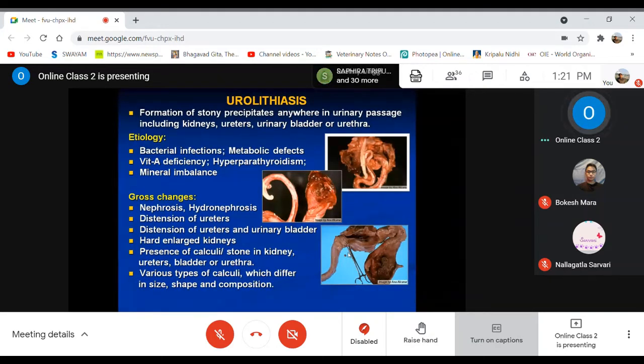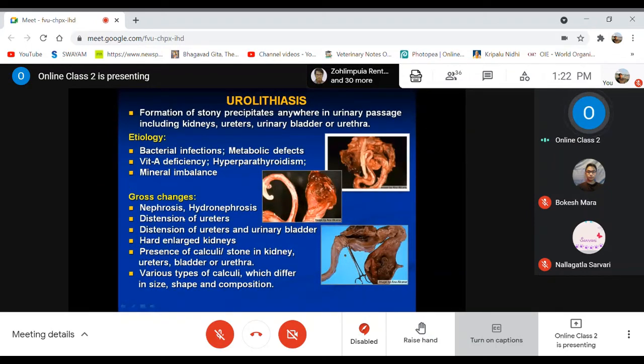Okay, and it may be due to bacterial infections, some metabolic defect, vitamin A deficiency, hyperparathyroidism, or mineral imbalances. And if you see the affected kidneys or the urinary system where these stony hard substances, renal calculi or uroliths, have formed, those kidneys and different parts of the urinary system may show different gross lesions.